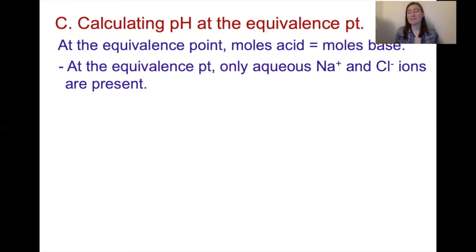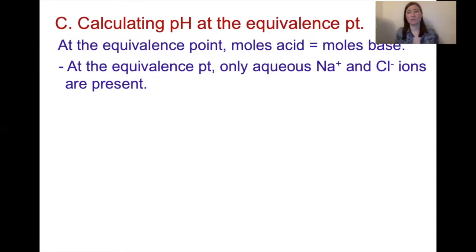HCl is such a strong acid that its conjugate base is just not a base. So Cl minus does nothing. Same with Na plus. NaOH is a strong base, so its conjugate acid, Na plus, is so weak that it's not even acidic at all. It's neutral. So both of these ions are neutral, and neither of them impacts the pH.